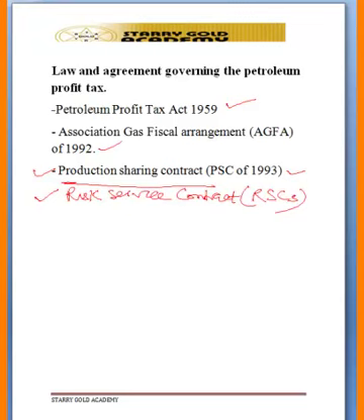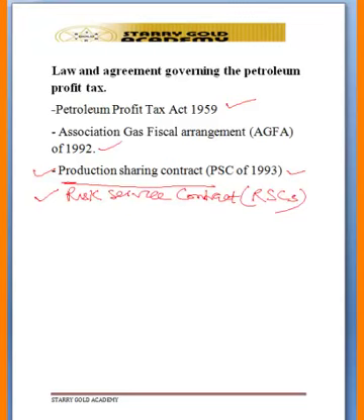Just like the production sharing contract, the NNPC does not have title to the oil deposit. The company carries on exploration, development, and production activity on behalf of the NNPC, at its own risk. So it provides the risk capital and technical expertise. Here it is the NNPC that has the right to market the oil produced.